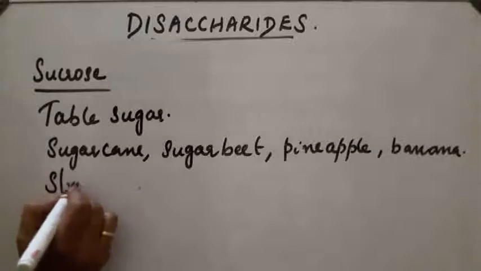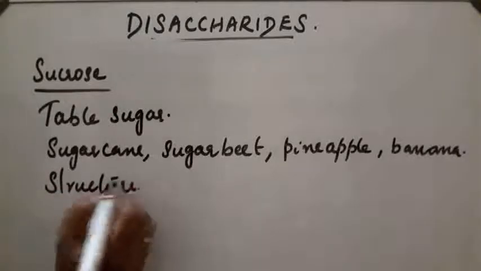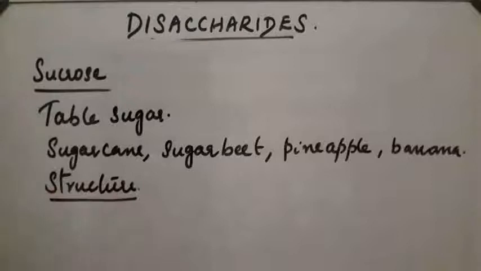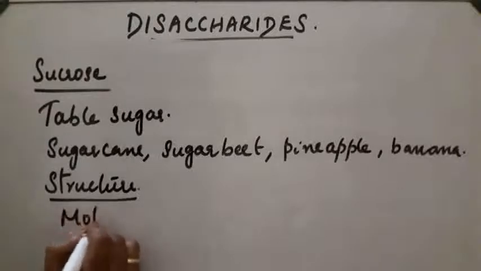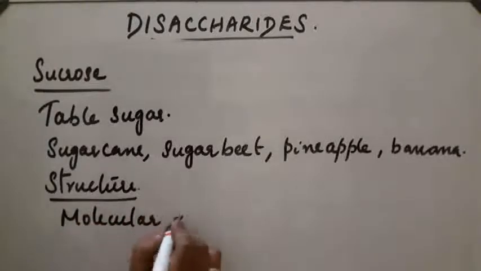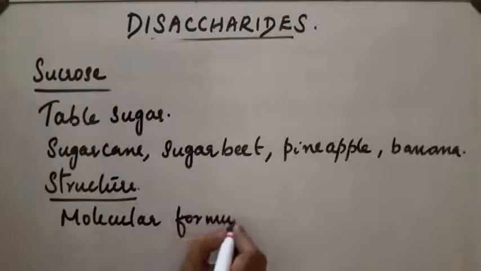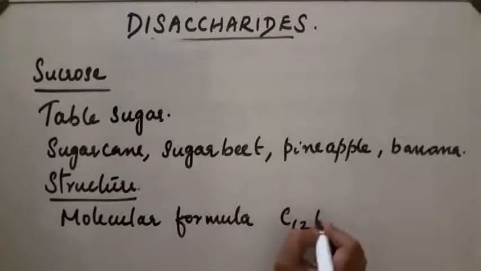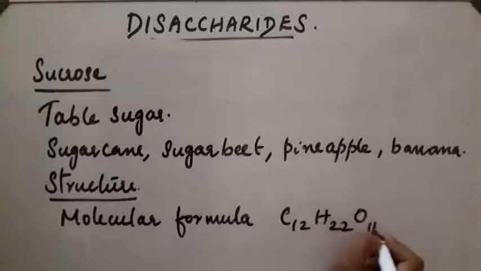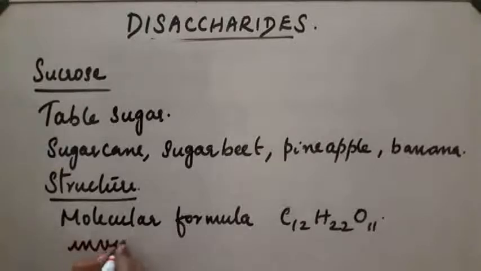Structure. Its molecular formula, by elemental analysis and molecular weight determination, is C12H22O11. This sucrose on hydrolysis with enzymes or dilute acids; the enzyme used here is invertase.